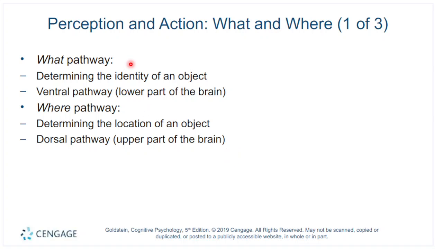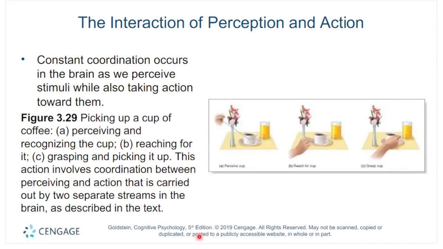So, again, the what is the ventral pathway, the where is the dorsal pathway. So, the what pathway, identify mo which are which. The where pathway, where is it located? Okay? So, kaya alam mo na going back again to that particular slide, alam mo na nasa gitna, ano ba to?